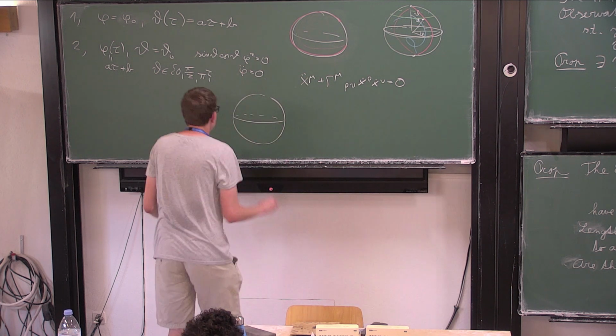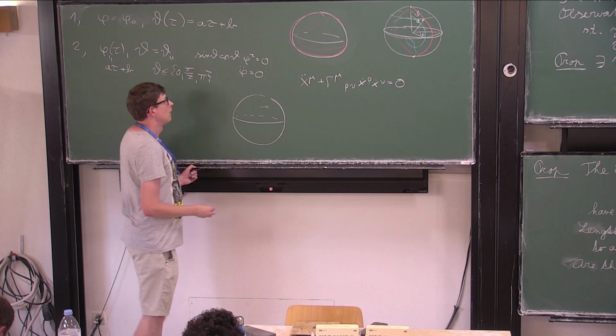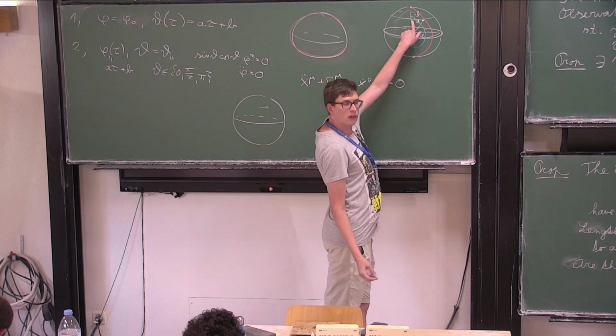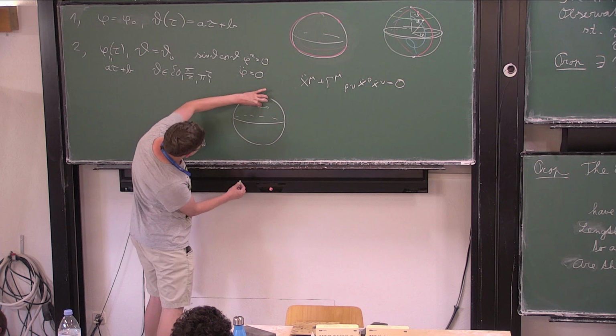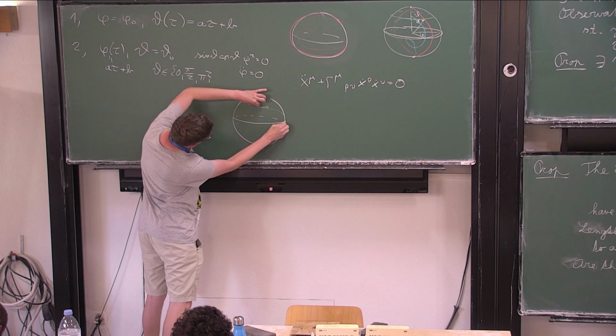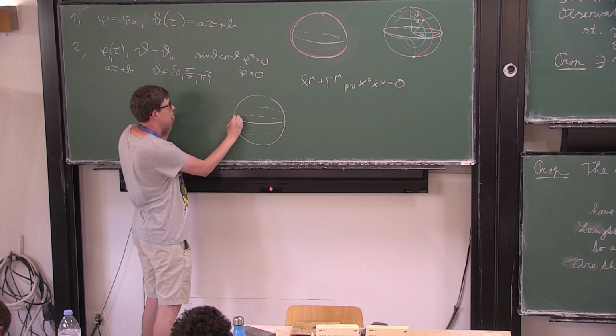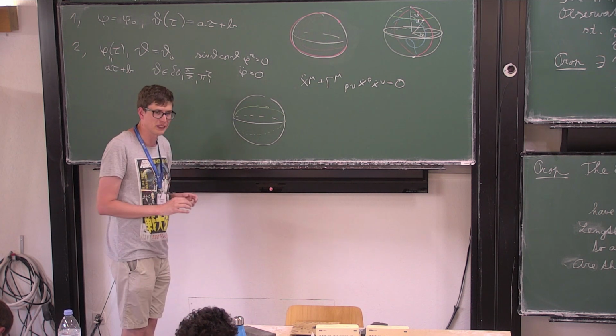So if you sit here and you try to go in that direction, what you should get is, imagine that this is your new North Pole and there is a South Pole opposite to it, and you go somewhere, something like this. It's a terrible picture, but hopefully it conveys some idea.